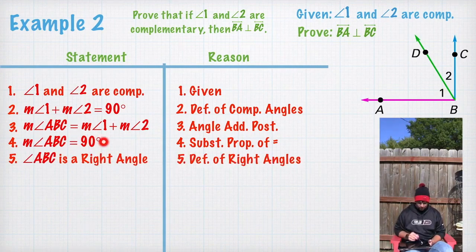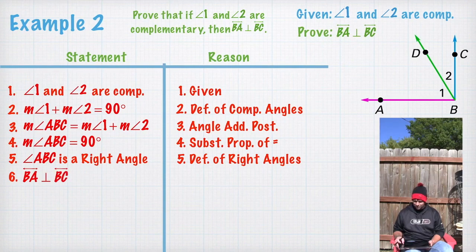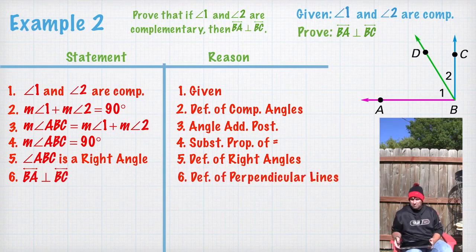Right angles are equal to 90 degrees. Okay, if an angle is a right angle, it also means that the two lines that form it are perpendicular. So we can say our statement, or what we're trying to prove now, line BA is perpendicular to line BC. Okay, and that's the definition of perpendicular lines. Okay, not a bad proof.